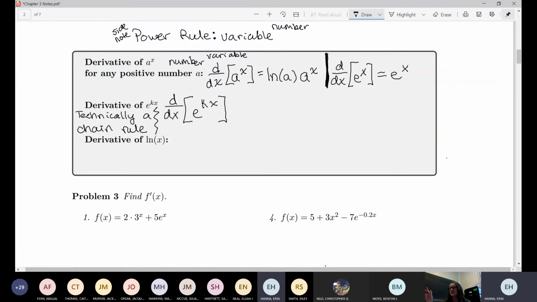Because it's presented as a rule here, and I don't know why, because it's technically a chain rule. But anyway, this is essentially you bring that constant out front, but then leave the e to the kx alone. So it's like you bring the power out front, but then you don't touch anything else.